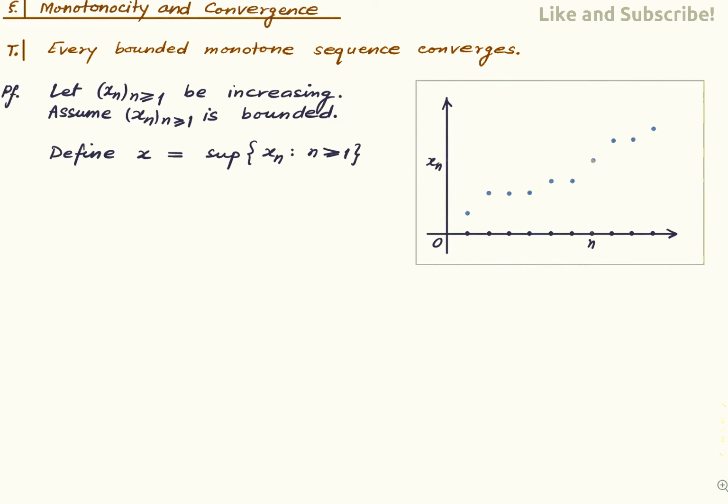Okay, so we claim that, or we will show that, this will finish the proof. So to show convergence, we fix an epsilon. Fix an epsilon greater than 0 arbitrarily.